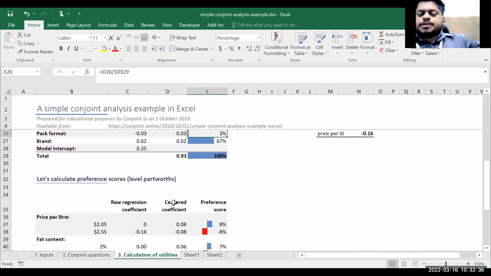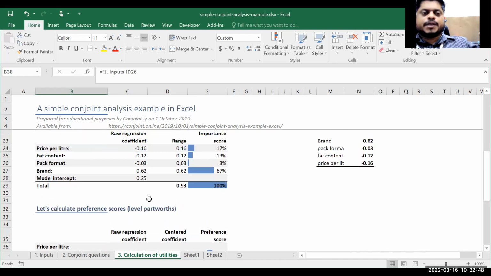So now the next step is to find each label, right? Here, because we have only two labels for price per liter, $2.05 and $2.55. One label we had considered as zero, right? So when I say this price per liter is impacting minus 0.16, what it means in comparison to, because I have created a dummy coding.